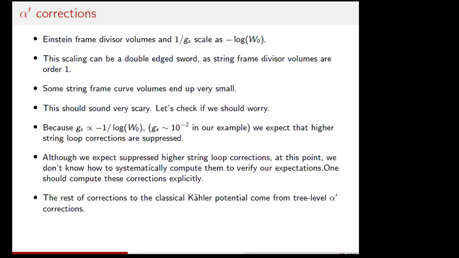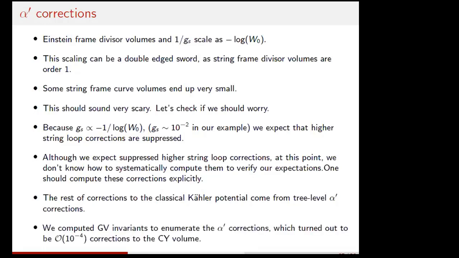And the rest of the corrections are just coming from the string tree level alpha prime corrections to the Kähler potential. And we computed Gopakumar-Vafa invariants to enumerate the alpha prime corrections. But what you can still ask is whether or not the instanton expansion is under control. Do you have any question, Aaron?